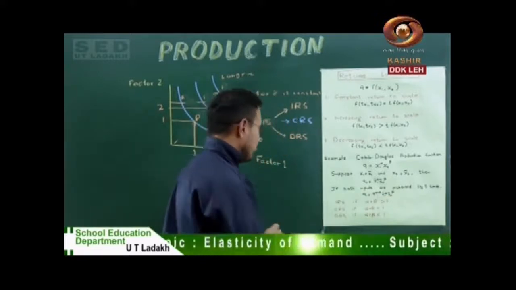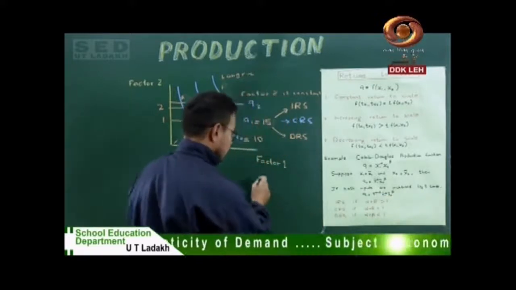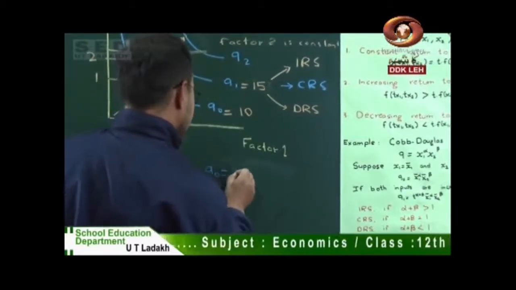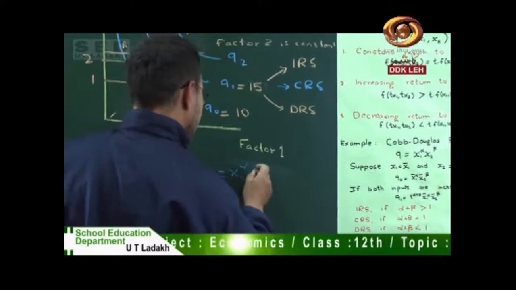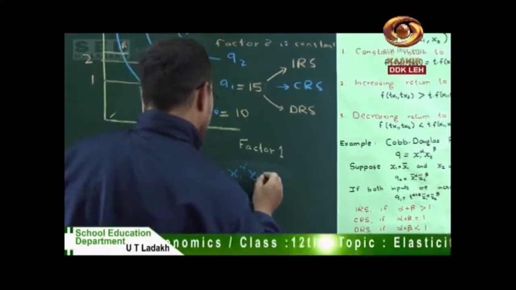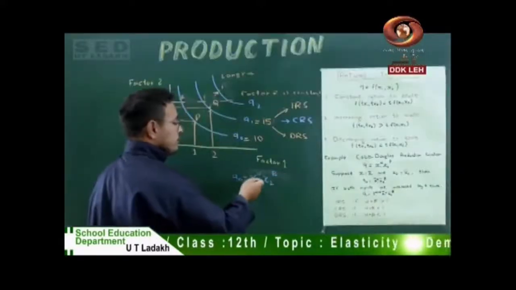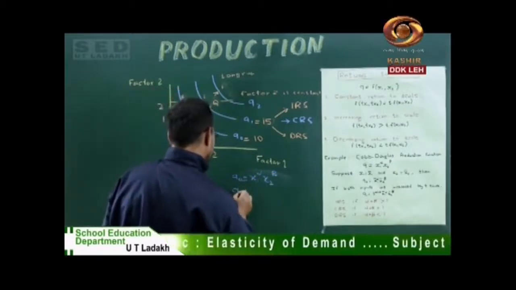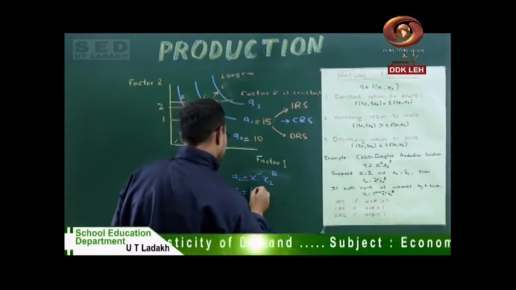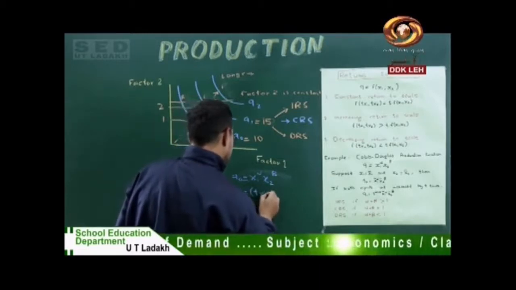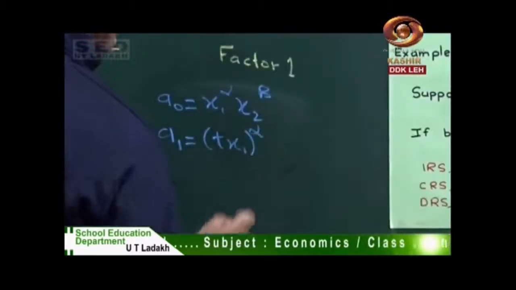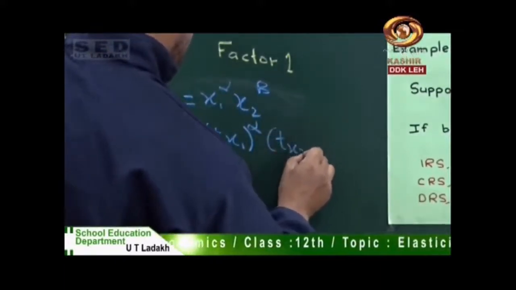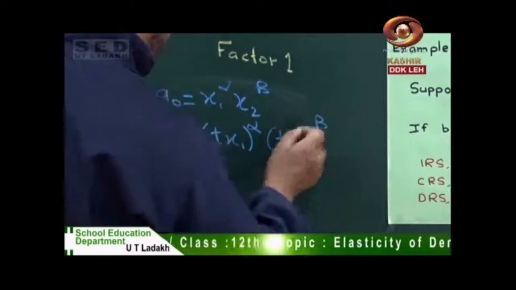I can solve it also using this. Initially your Q naught was x1 alpha, x2 beta. Now I'm increasing both the values of x1 and x2 by t times, so you are having a Q1. Now Q1 will be t x1 to the alpha, t x2 to the beta.